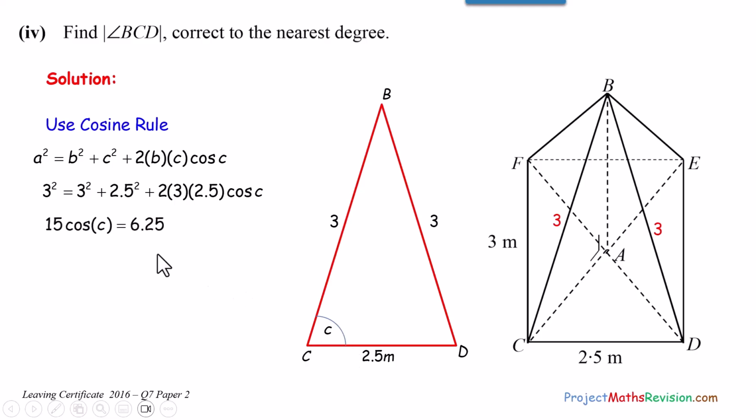So this will give us the following expression, and if we simplify this, we'll get 15 cos of c is 6.25, or cos of c equals 5 over 12, or c equals inverse cos of 5 over 12, which is 65 degrees. So the angle C here is 65 degrees.